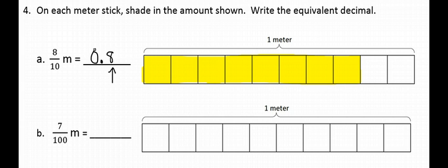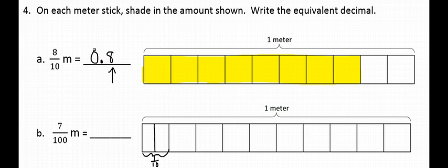For the next problem, we need to show 7/100ths. Well, again, each of the sections of my tape diagram would be considered a tenth. That means I'll need to take one of my tenths and break it into 10 pieces, and then shade in 7 of those pieces. So let me divide this.